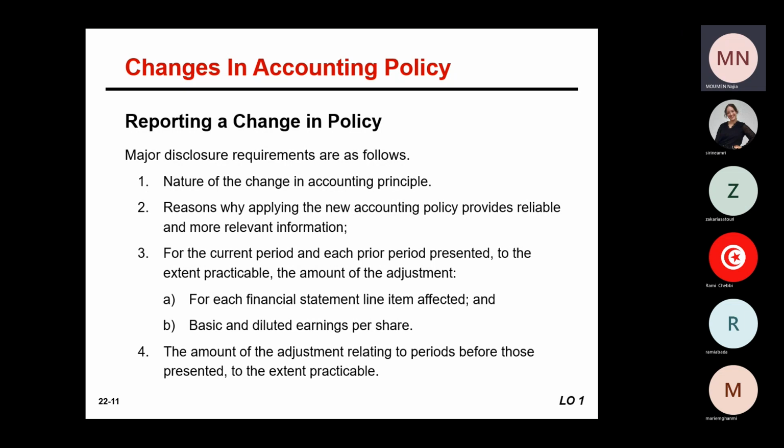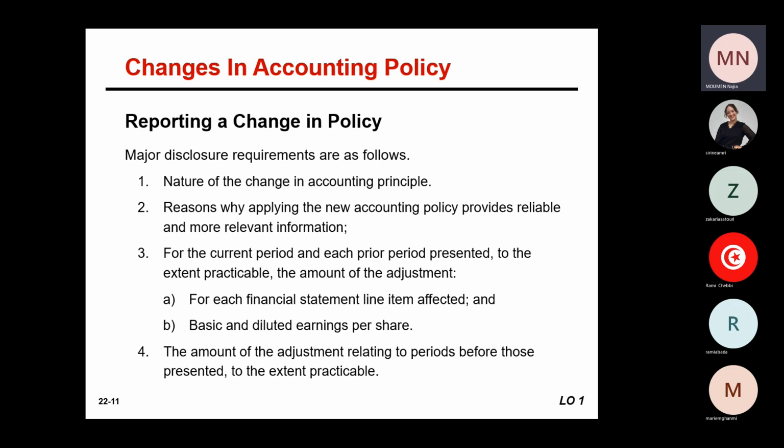What are the reasons that drove you to switch from the average cost to the FIFO? We may, for example, have new types of inventories that you think, of course, it is more appropriate to use the FIFO instead of the average cost, etc.